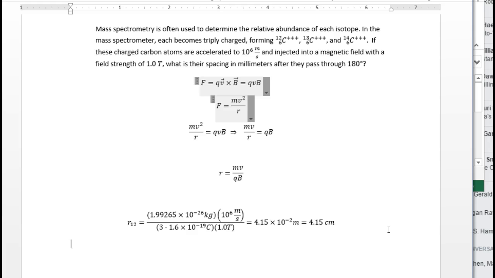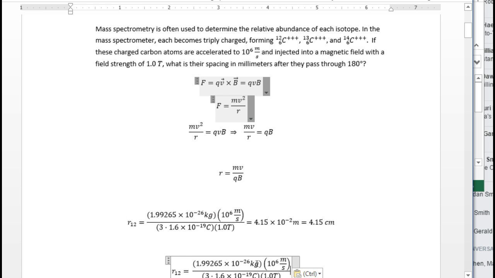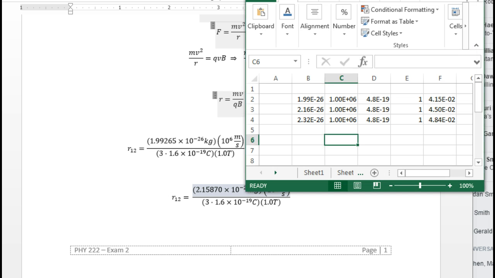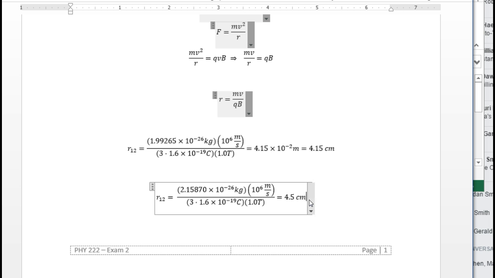For R13, I'm going to just copy all of this and then change the mass, because the mass changes to 2.15870, and the answer, popping back over to Excel, is 4.5 centimeters.